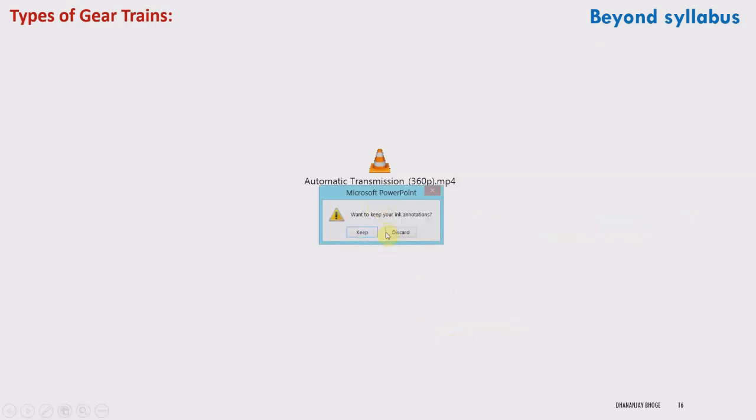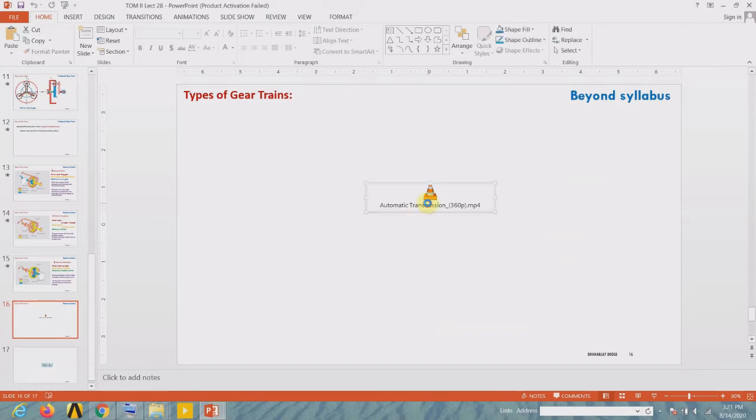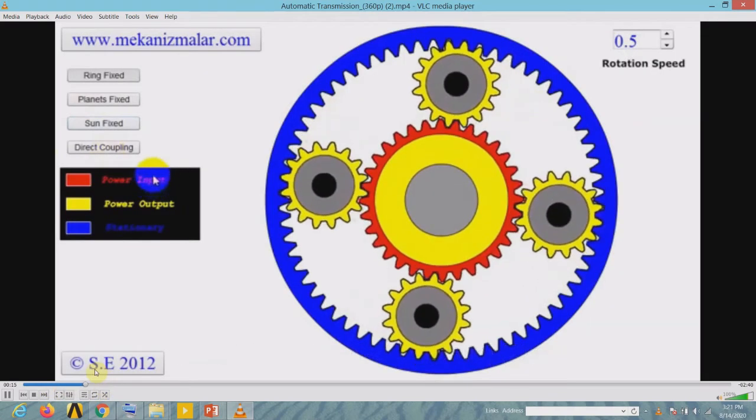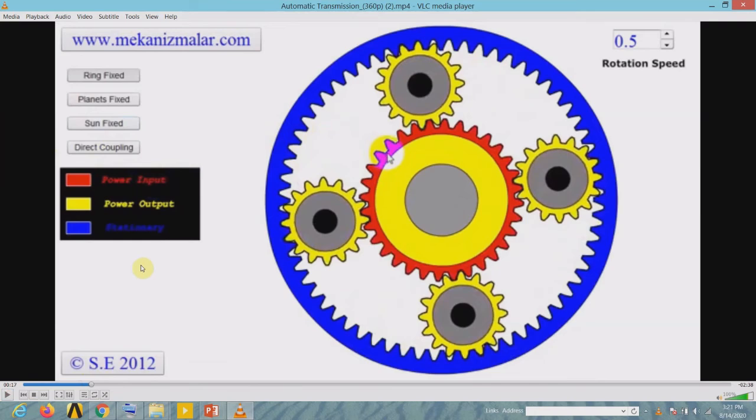Now let us have a look at the animation of these 3 cases. Now see, this is one case where ring gear is fixed. Ring gear is shown in blue color, which is fixed. Power input is given to the sun gear, shown in red color, and power output is taken at the planet carrier, shown in yellow color.